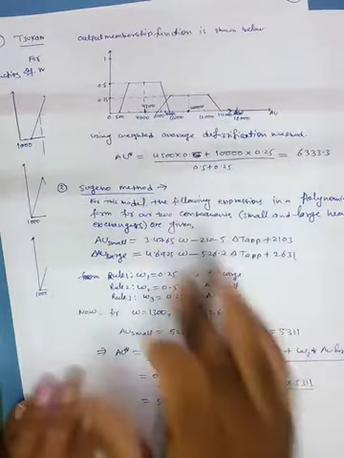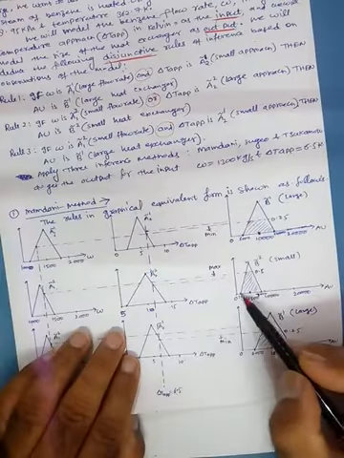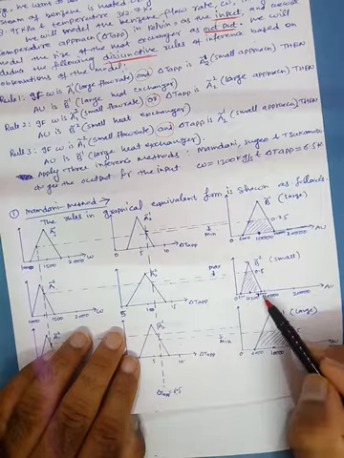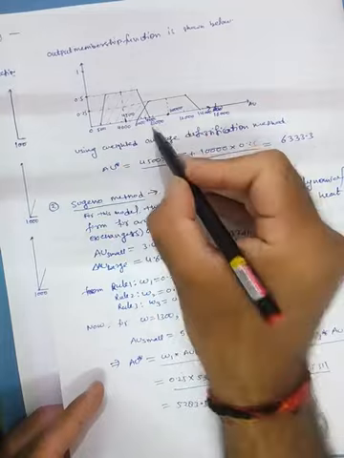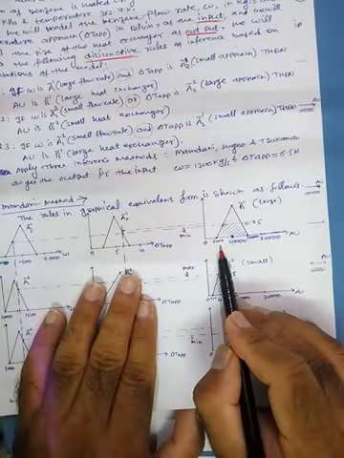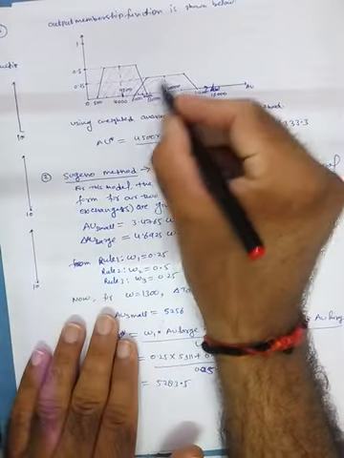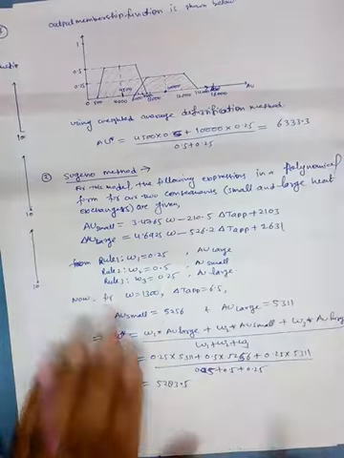This type of area. This red one is 500 to 7000, and this blue area is 6,000 to 14,000. This is your second part. Fine.